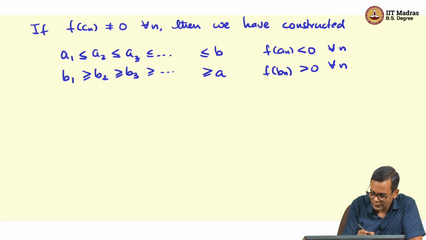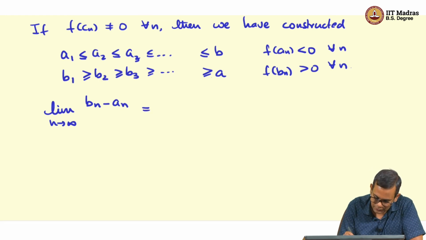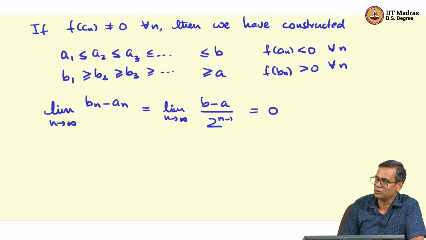And moreover, if you take the difference of these sequences and take the limit as n tends to infinity, well, we know that b n minus a n is b minus a divided by 2 to the power n minus 1. So, this goes to 0. Now, this is a weakly increasing sequence that is bounded above. So, it has a limit.